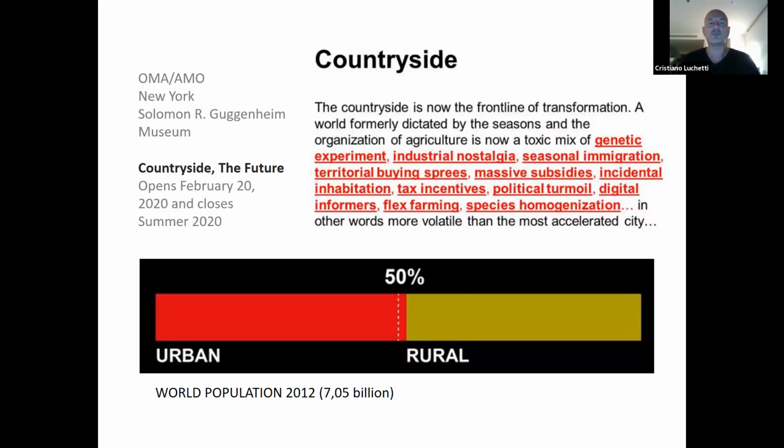In other words, more volatile than most accelerated cities. So basically his theory is that the countryside has dismissed the role of supporting cities and become a real antagonist. It's no longer the countryside feeding the city. Now the countryside has its own identity, and it becomes an antagonist.